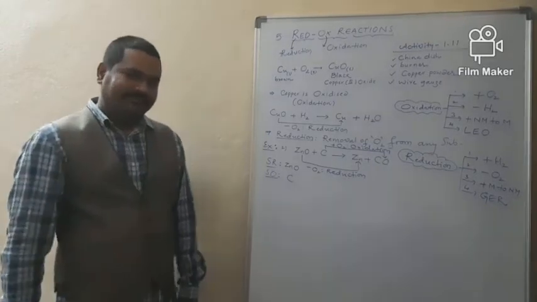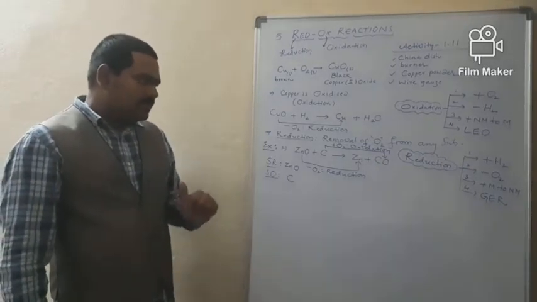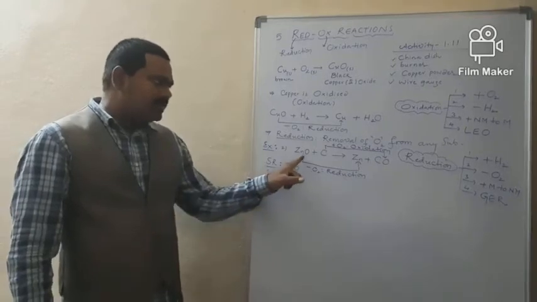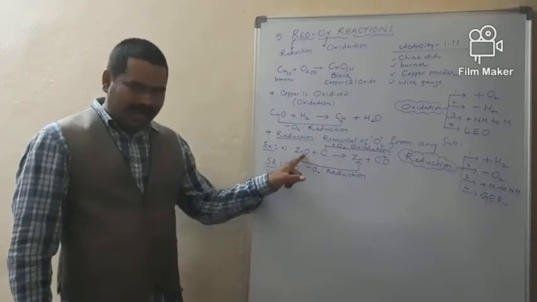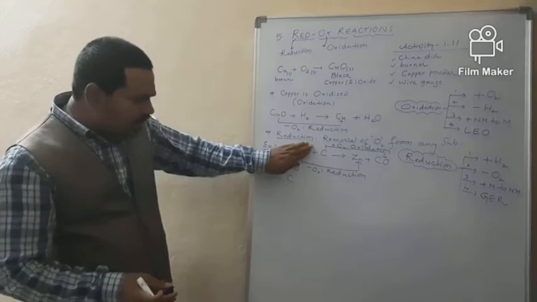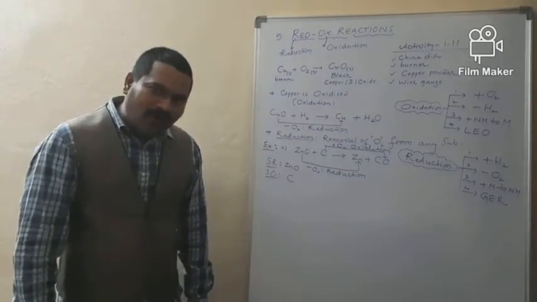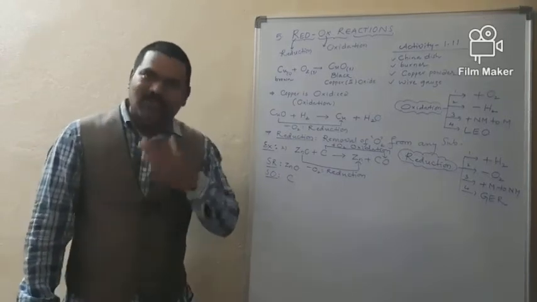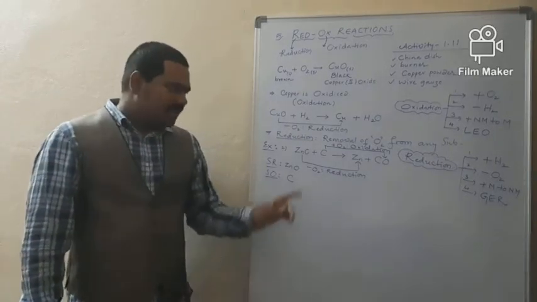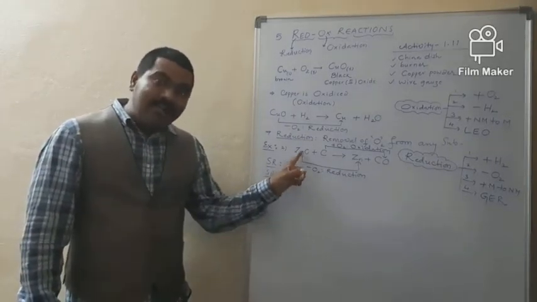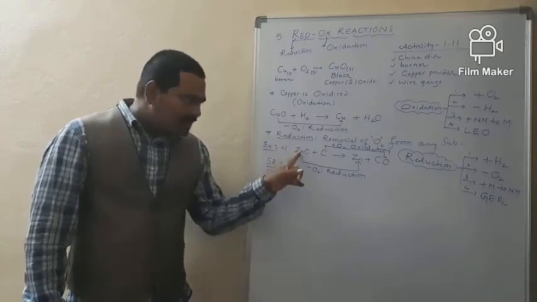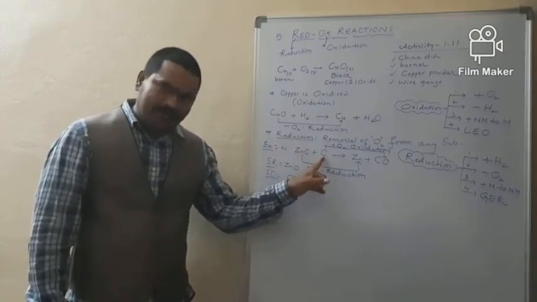Now tell me, suppose zinc oxide is not there in the reaction, is there any possibility to convert carbon into carbon monoxide? No. Yes, you are correct. No is the answer. So zinc oxide supplied oxygen for the sake of carbon.